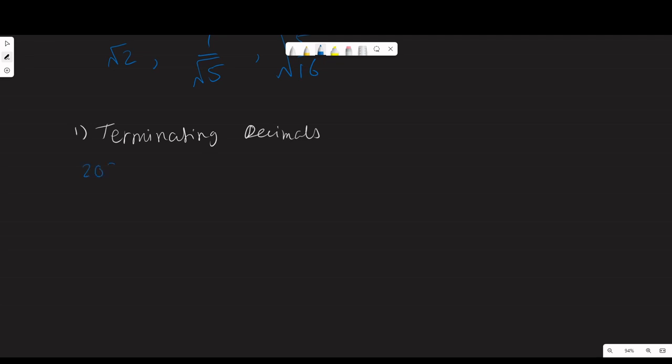For example, we have 202.04. We could also get 54.0001 or 26.92357, and the decimal terminates over here.